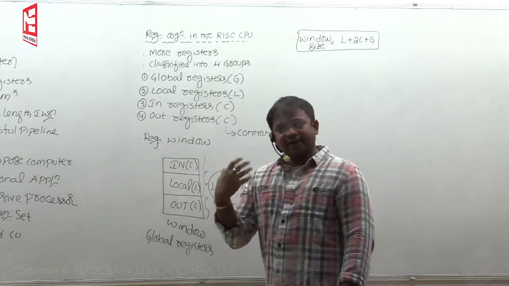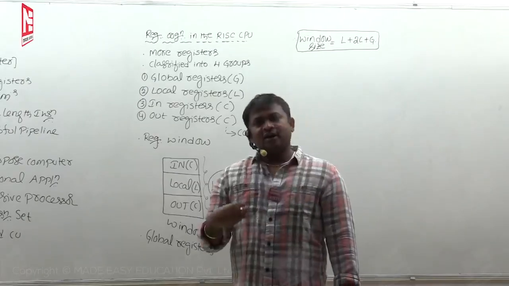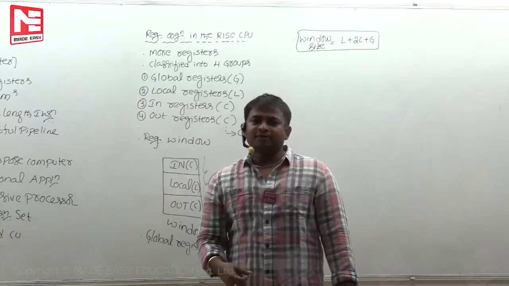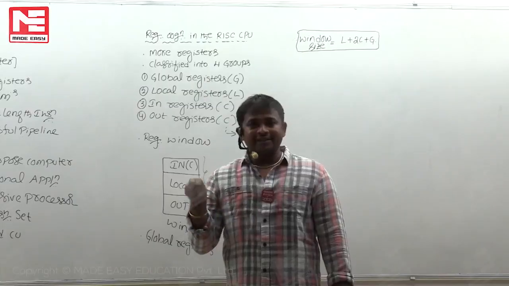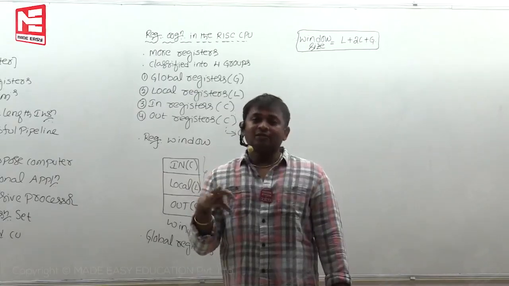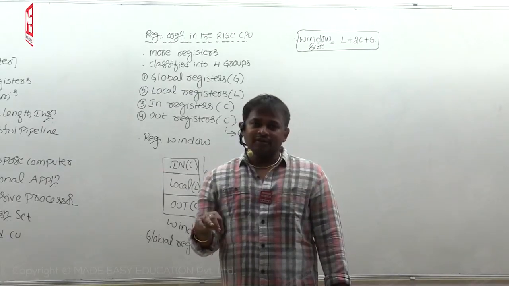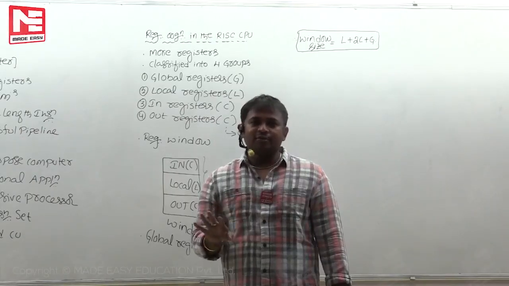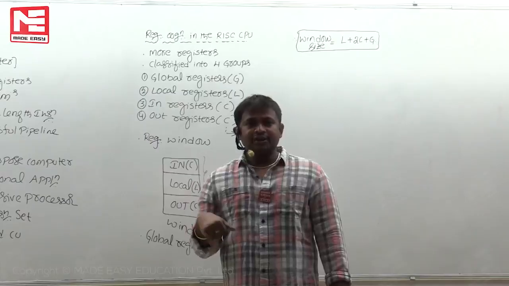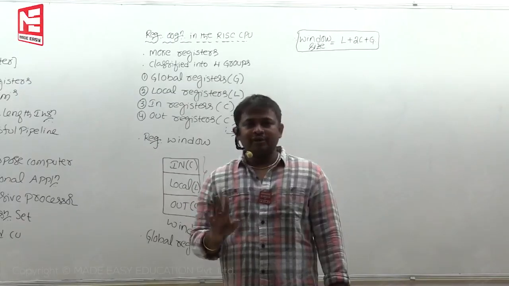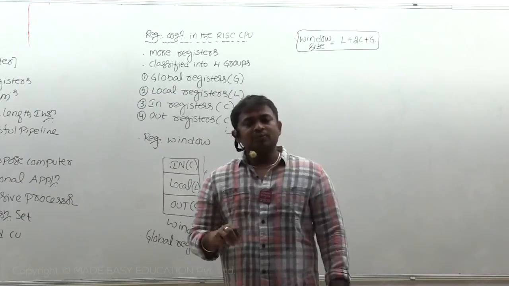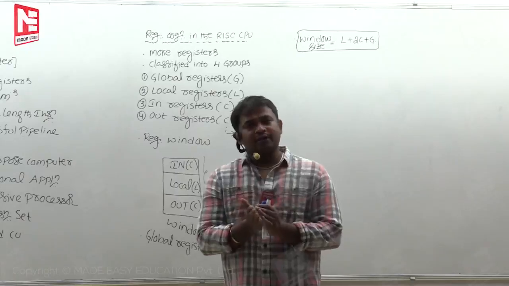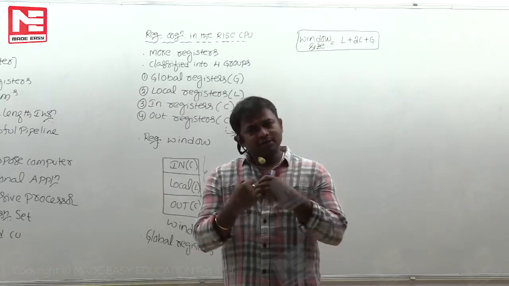Next, why the window is formed like this and why registers are classified like this will be covered in the internal organization of RISC computers. We are not going to examine the internal details of a RISC system individually. That is the reason we are not bothering about how they are used in the application program. Suppose we are studying only the RISC computer, we need to post-mortem the RISC computer only.